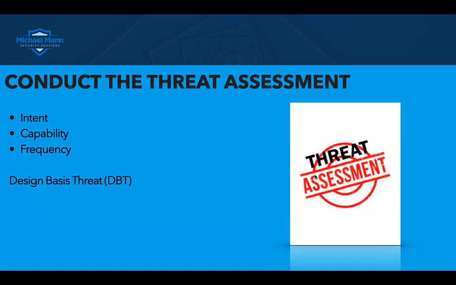And just like we've talked about with other things, this threat assessment is also going to help you develop that design basis threat, or what you're trying to protect that principal against. So the first step is to conduct a threat assessment, because everything that we do moving forward is going to be based off the threat assessment.